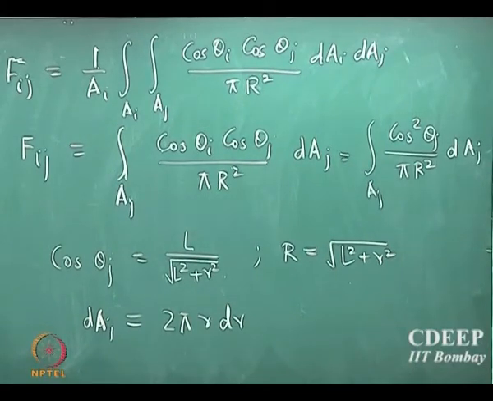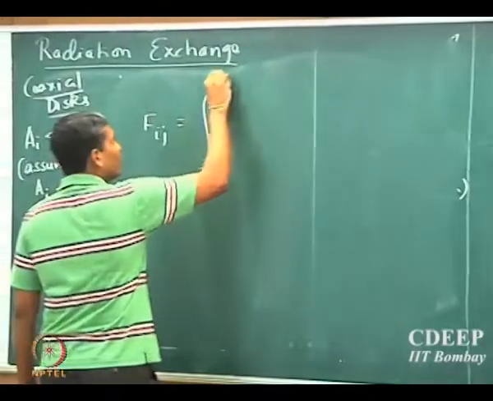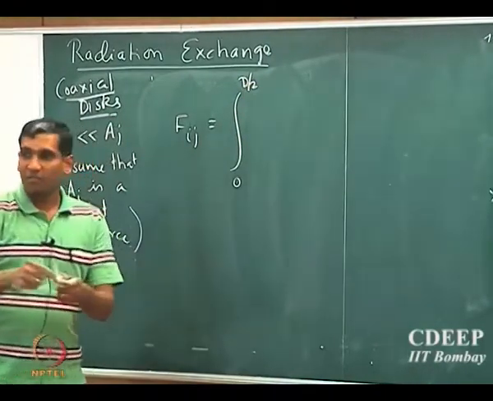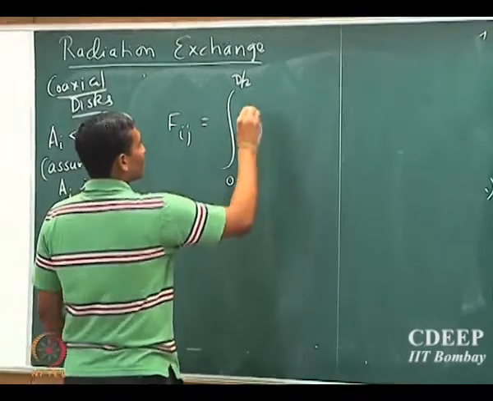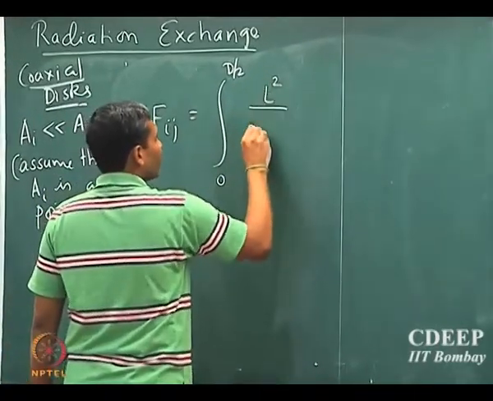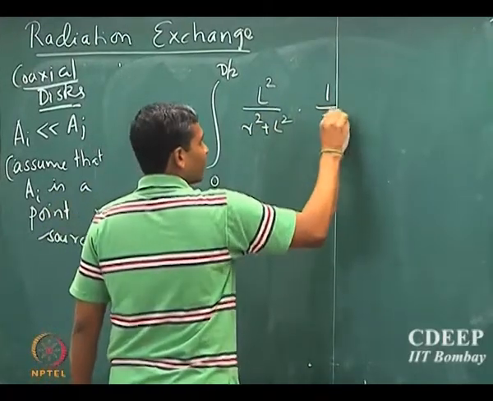So Fij will be the integral from 0 to d by 2, that is the radius from 0 to d by 2, and cos square theta is L square by R square plus L square, into 1 by pi.